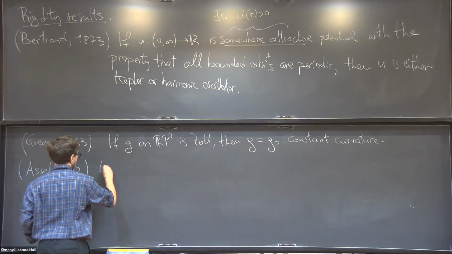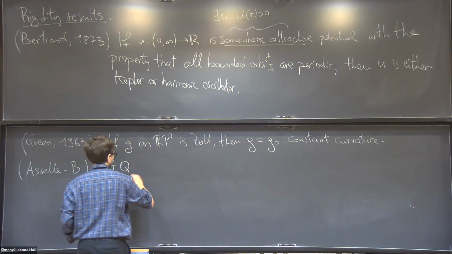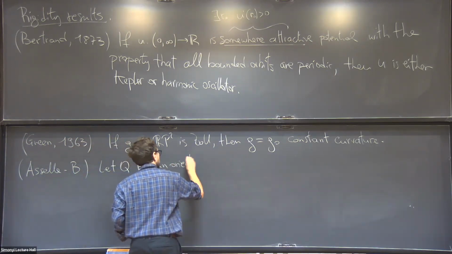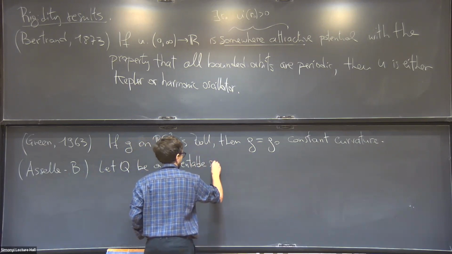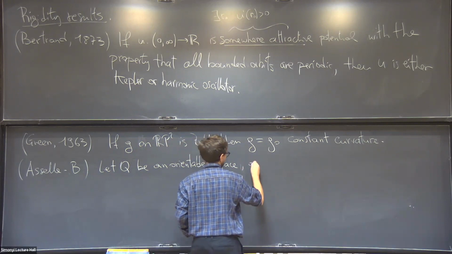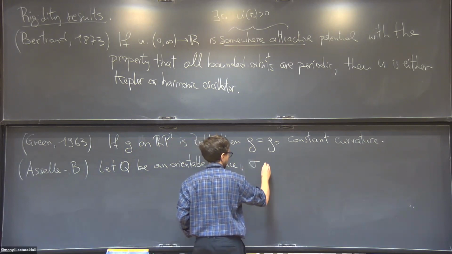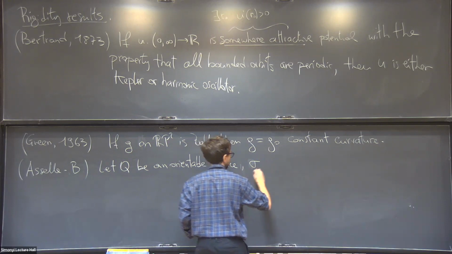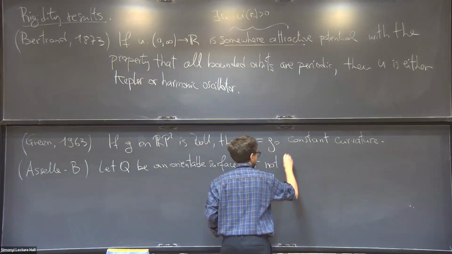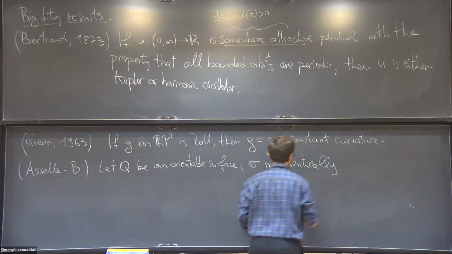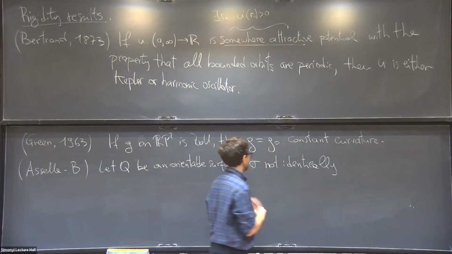Let Q be a orientable surface, and suppose now you take a magnetic two-form sigma which is not identically zero. So you have a genuinely good magnetic field, not identically zero.